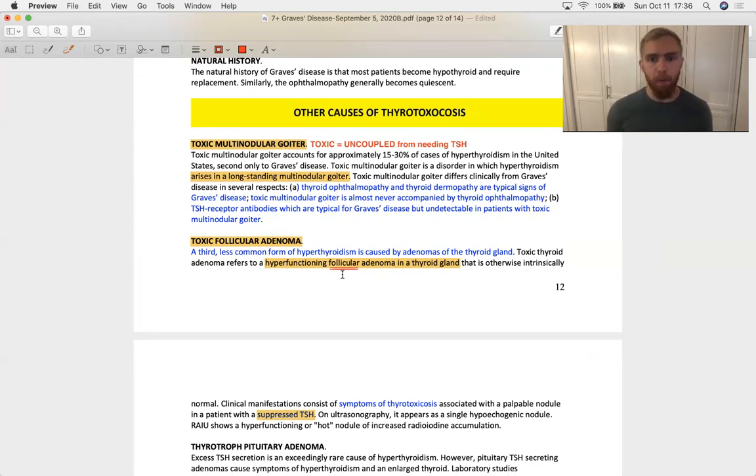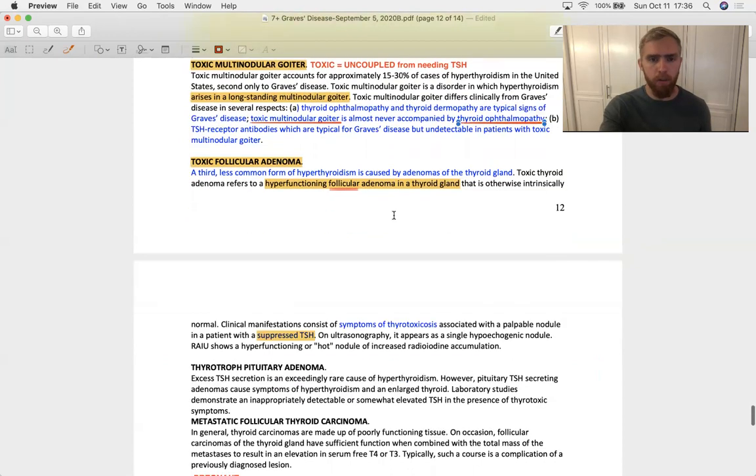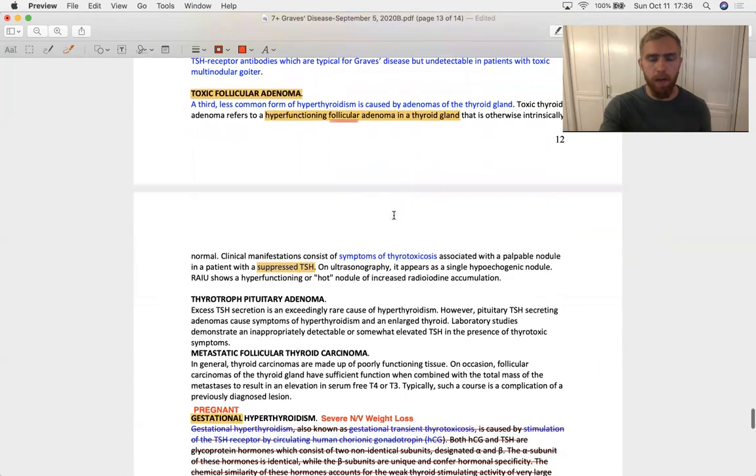So you're hypothyroidotic, but then all of a sudden some follicular cell gets pissed off and decides to start making T4 all on its own, and it divides and its children follow suit, and now you've got a toxic goiter. That's my understanding of what's happening there. In a toxic goiter, you don't see thyroid ophthalmopathy, but you do see high blood T4, which lets you know thyrotoxicosis.